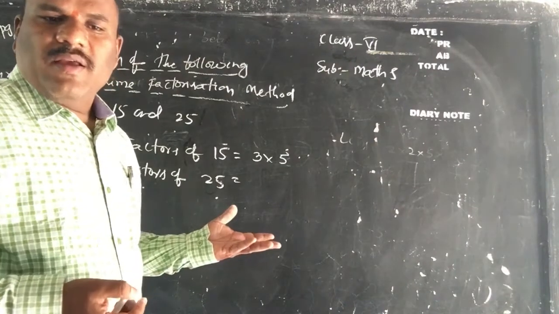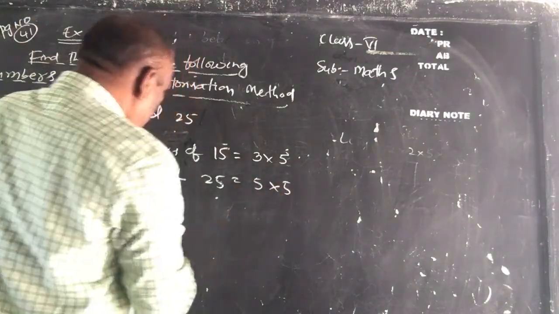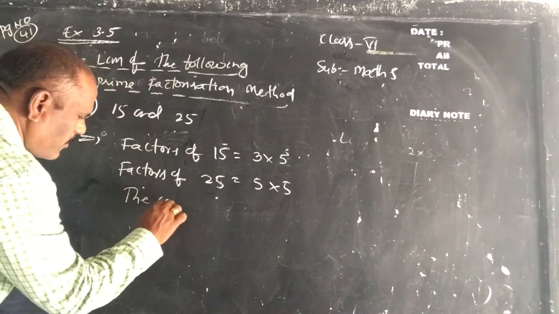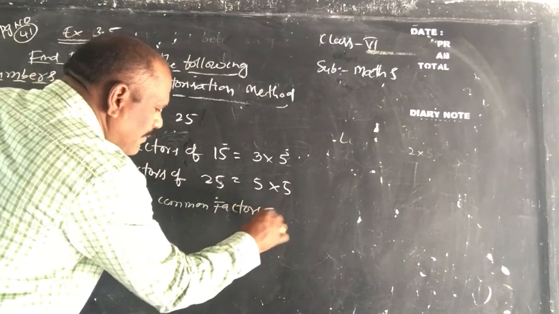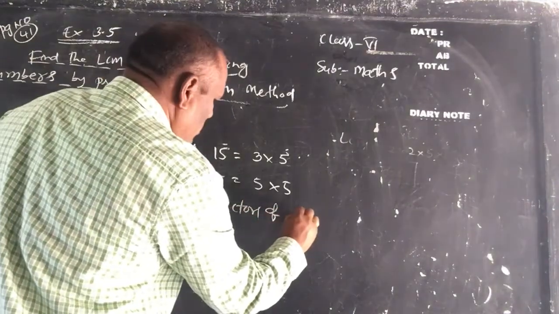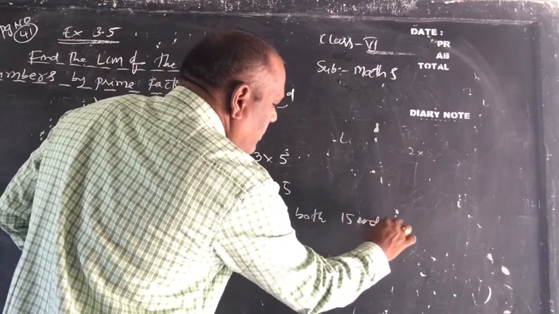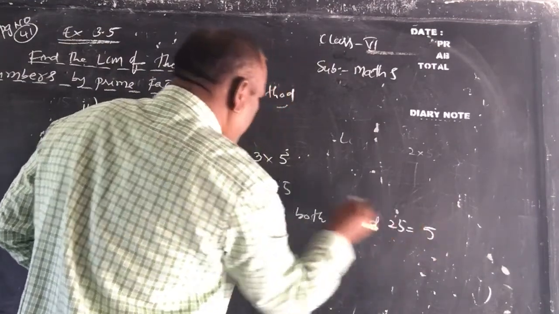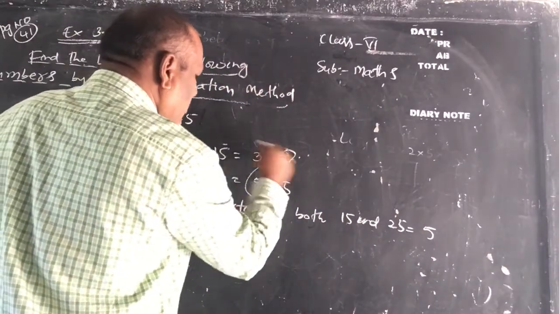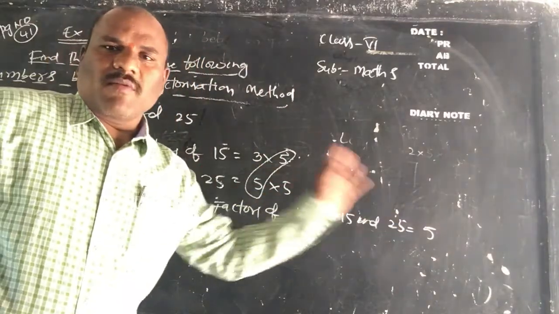So the common factor of both 15 and 25 is 5, because this is the common factor.